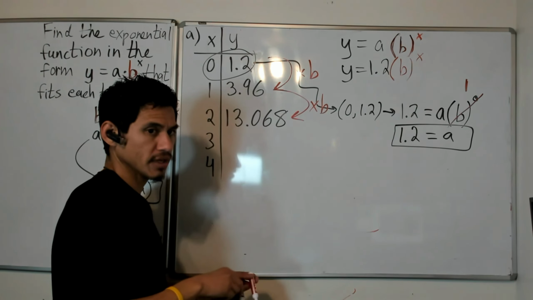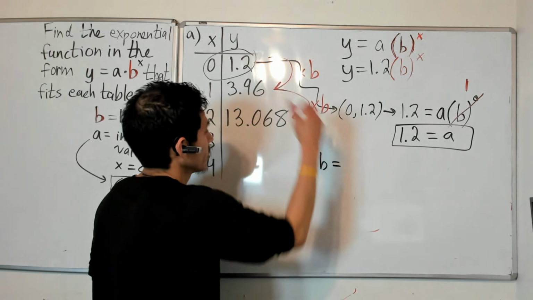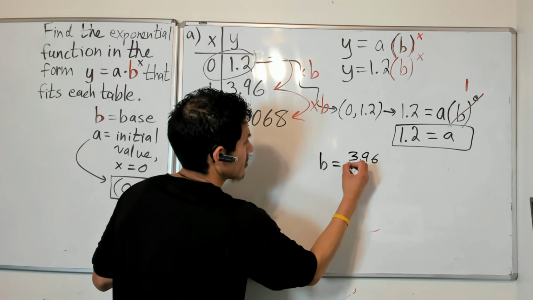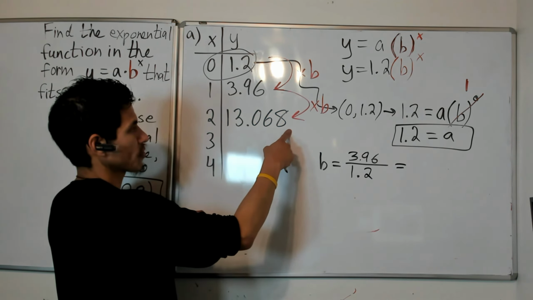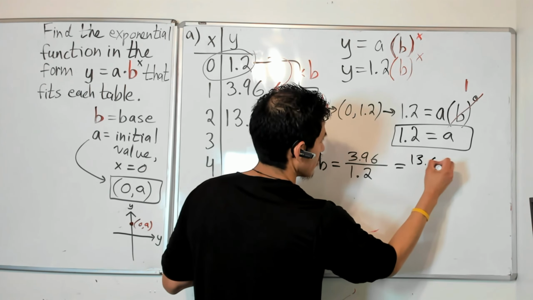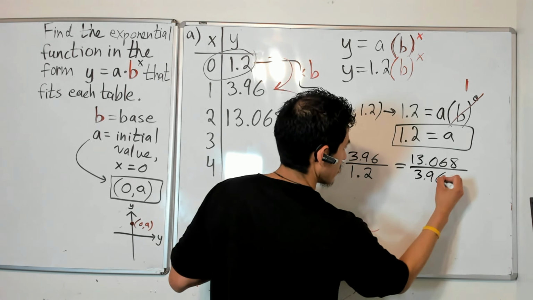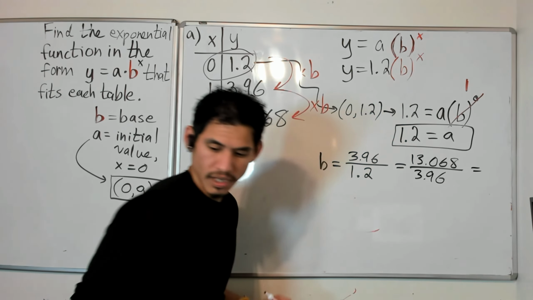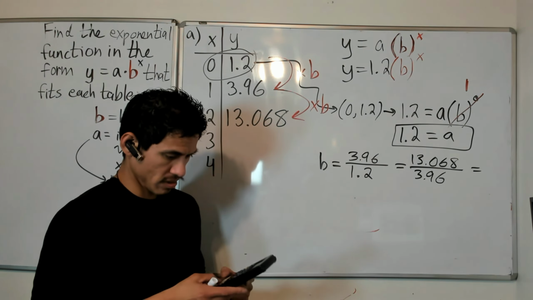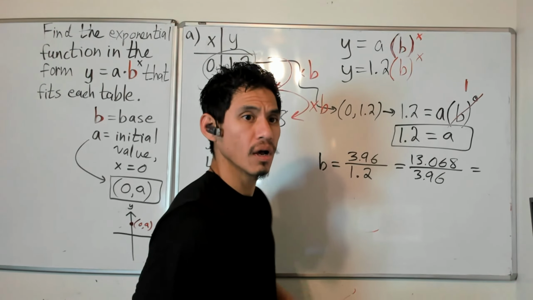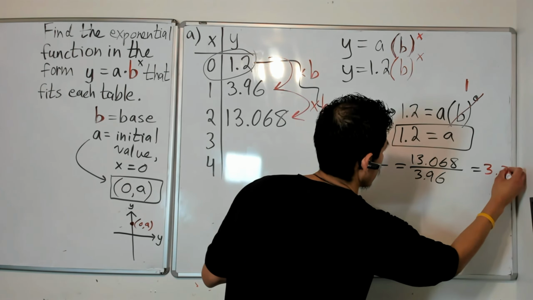So we can find b by taking 3.96 and dividing it by 1.2, or you can take 13.068 and divide it by 3.96. In either case, you should get 3.3. So your b is 3.3.